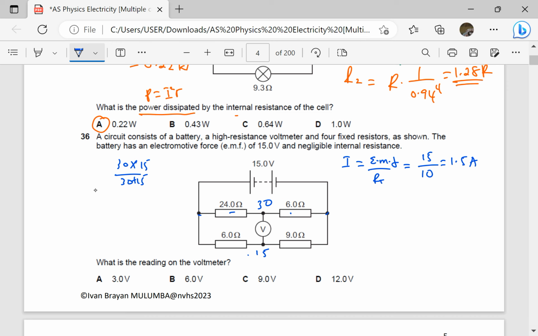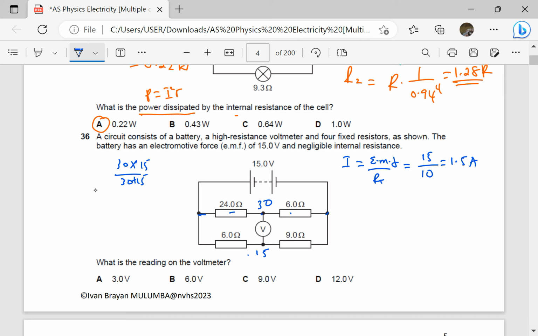I don't know whether that current is necessary, but anyway, it is fine. So what is the reading on the voltmeter? To find it, let's take a small part, or we can even find the PD across 1, but that is not necessary.